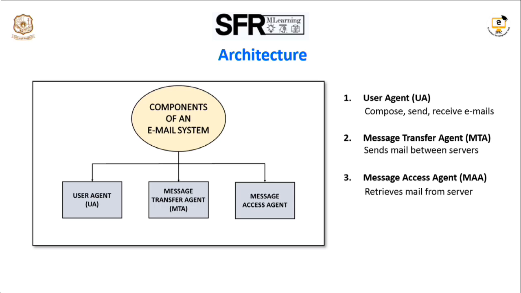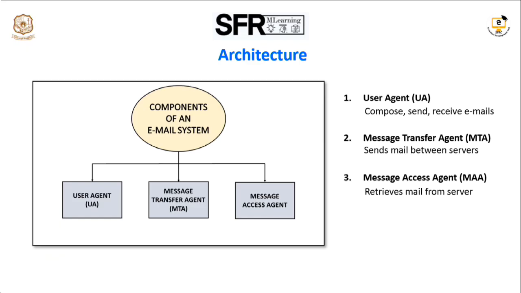The purpose of the user agent is to compose, send and receive mails, and the message transfer agent, MTA, is used for sending mails between mail servers. And the third component, which is an important component, is the message access agent. It retrieves the mail from the server.